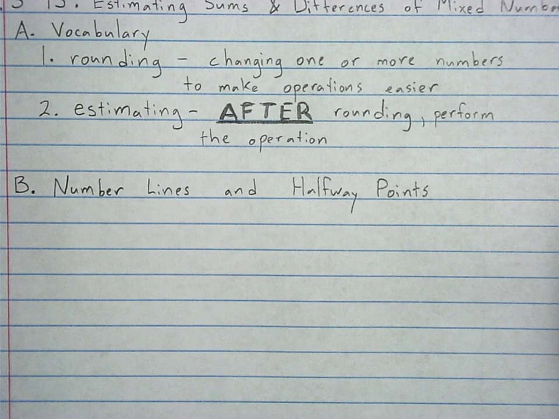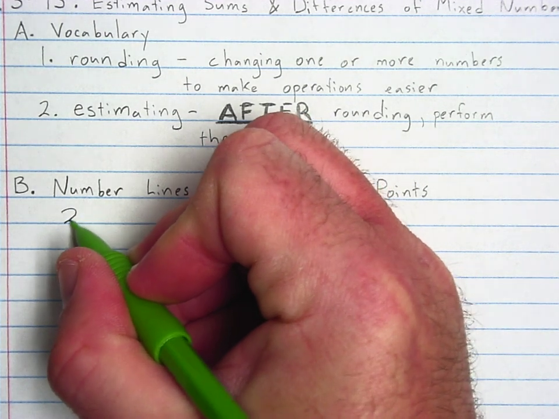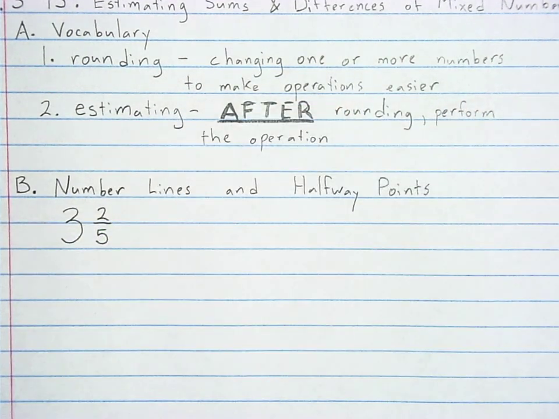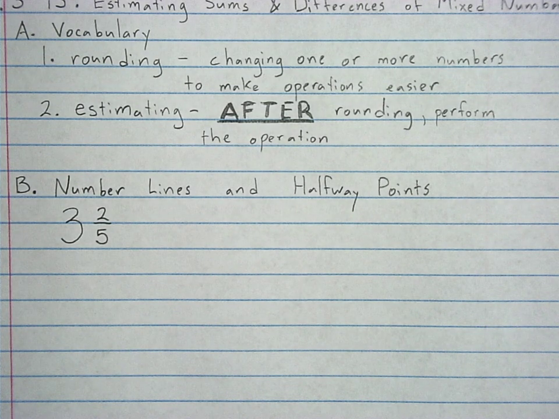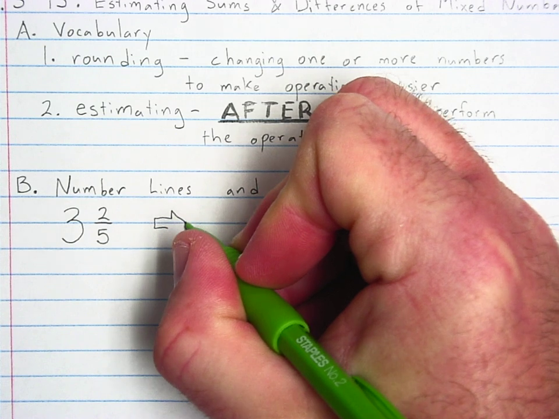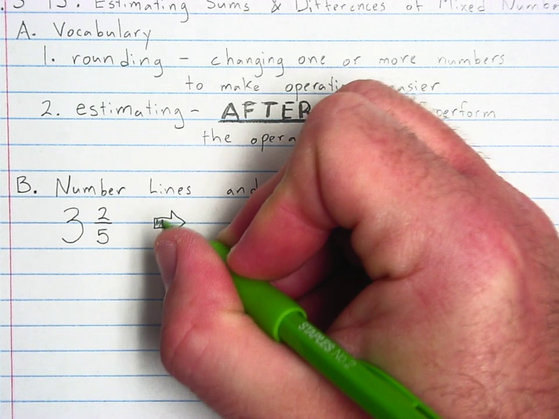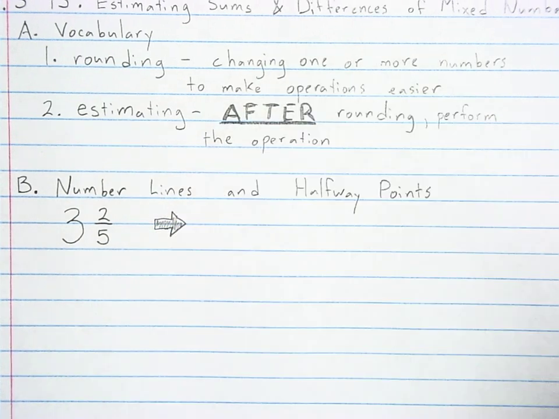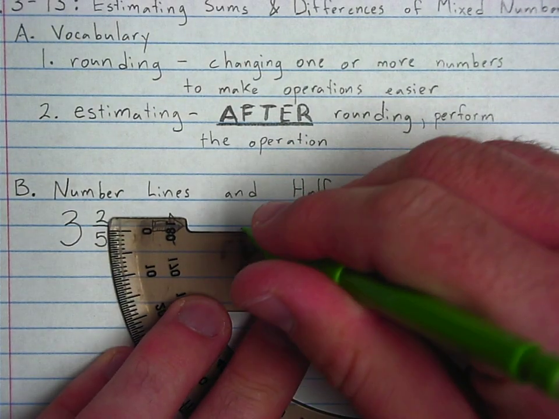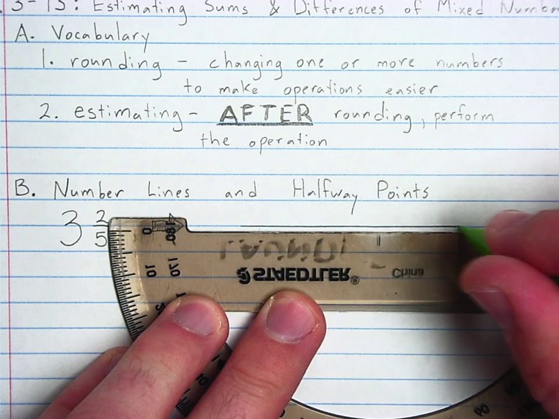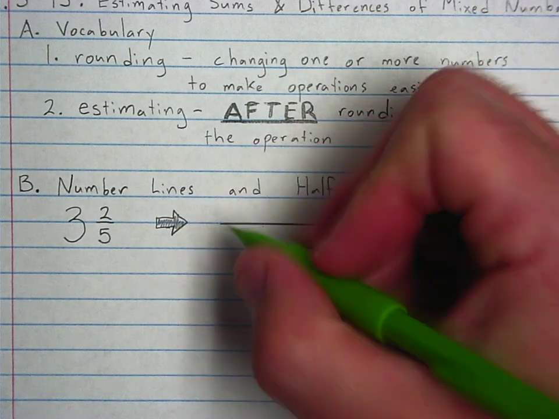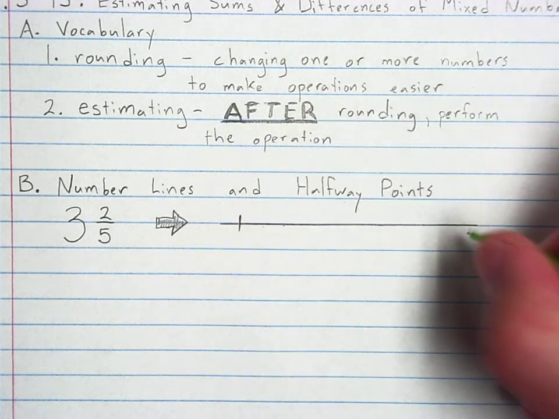So to begin with, let me give you a mixed number. Let's do 3 2/5. Now if I try to put this on a number line, which I've got to draw the line in, it's going to be between two things.